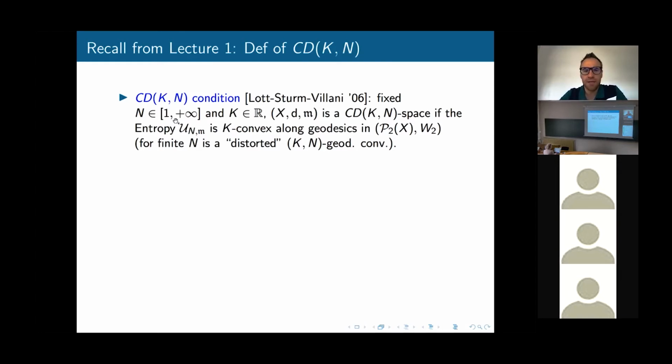This is the notion of Lott-Villani. A metric measure space is a CD(K,N) if the N-entropy, for N finite the Renyi entropy, for N infinite the Boltzmann entropy, is K-convex along geodesics in the Wasserstein space.